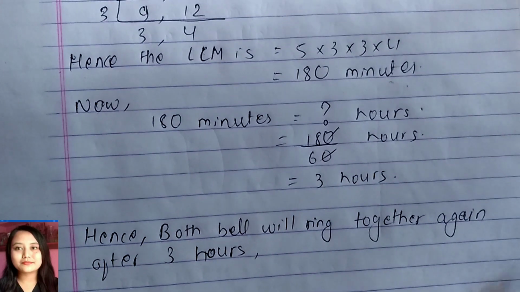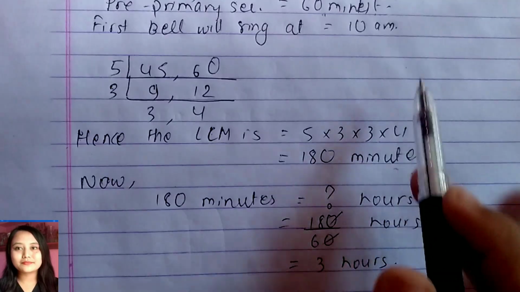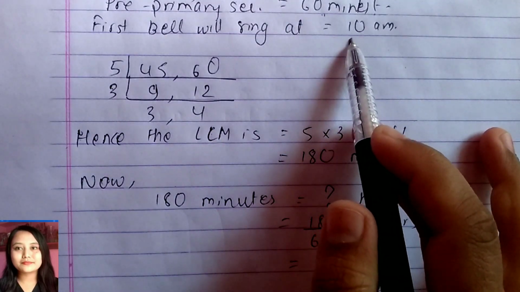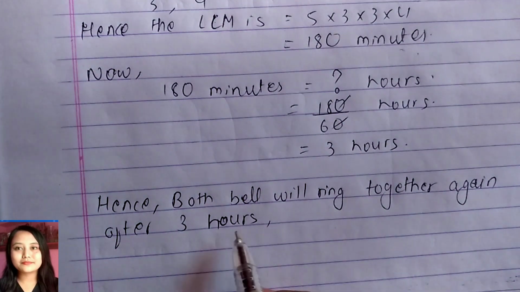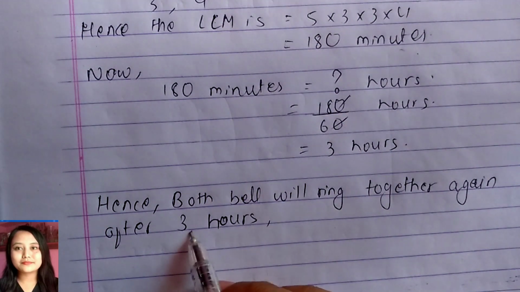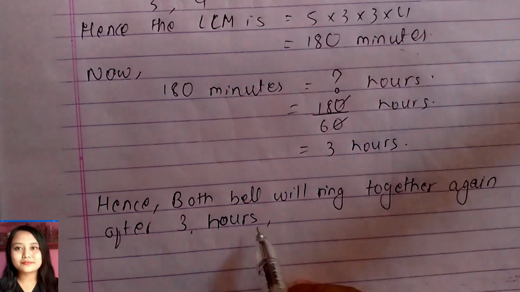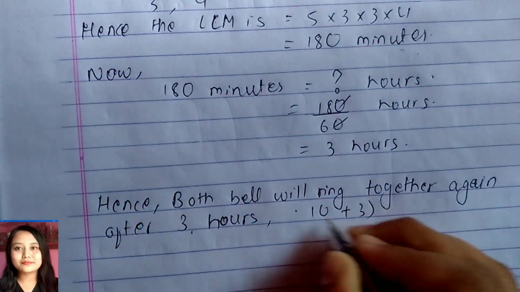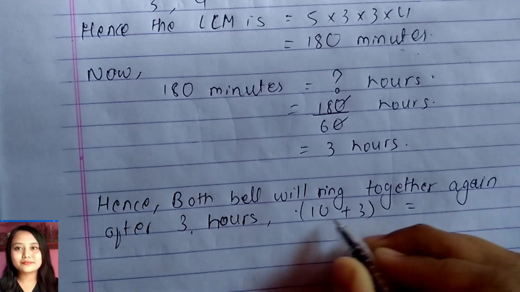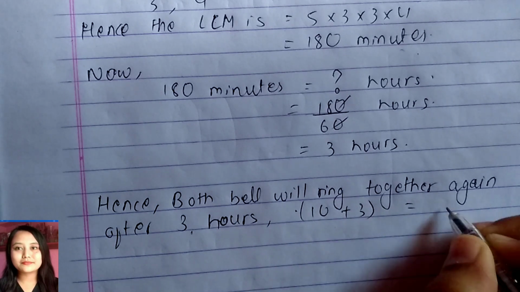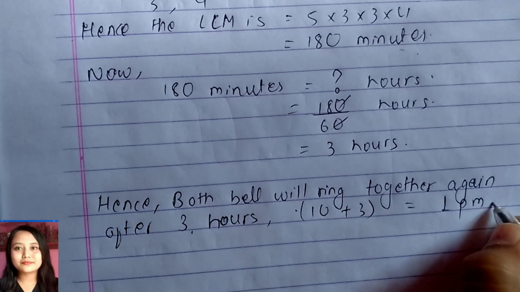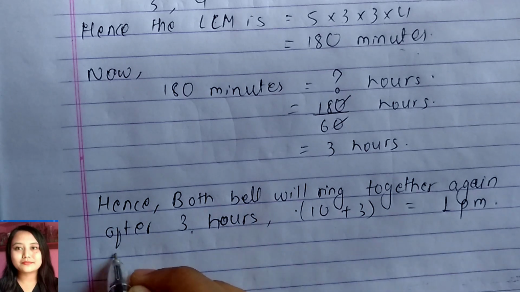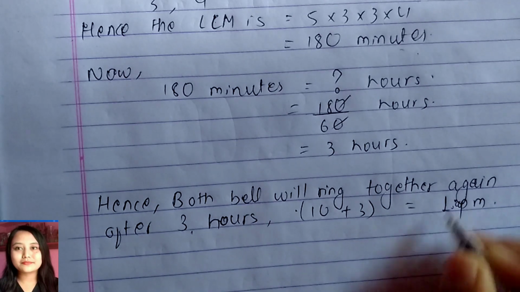But we know that at first both bells were ringing at 10 a.m. Then it will ring after 3 hours, so 10 plus 3 equals how many hours? It will be 10, 11, 12 and 1 p.m. So hence it will ring at 1 p.m. Okay, so this will be the answer.